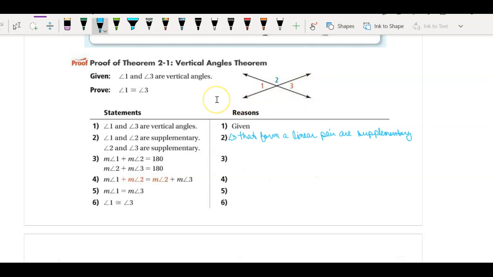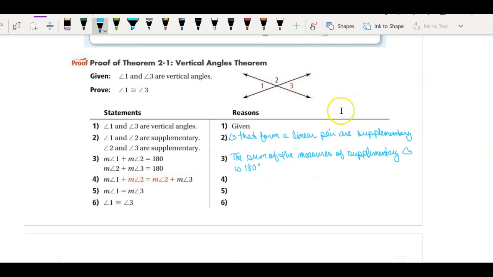You can write either the definition of supplementary angles, or something a little more: the sum of the measures of supplementary angles is 180 degrees. Okay, statement 4 says that the measure of angle 1 plus the measure of angle 2 is equal to the measure of angle 2 plus the measure of angle 3.